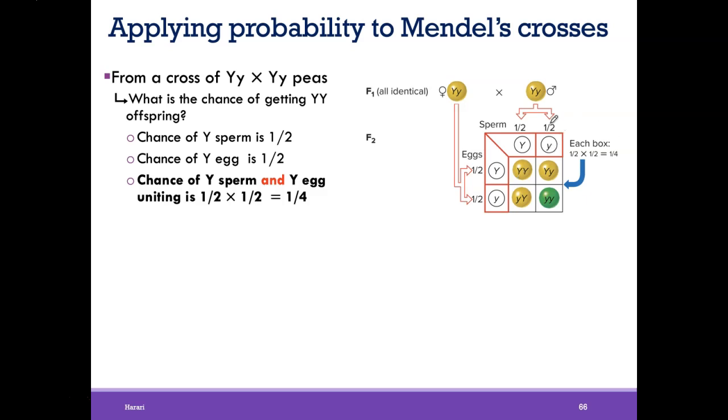There's a 50% chance, 1/2, to get a little y, and 1/2 to get a big Y. So what is the chance of getting a big Y and then a little y? Sorry, it's 1/4 here and 1/4 here. And that gives us a total of 50% that would be heterozygous.